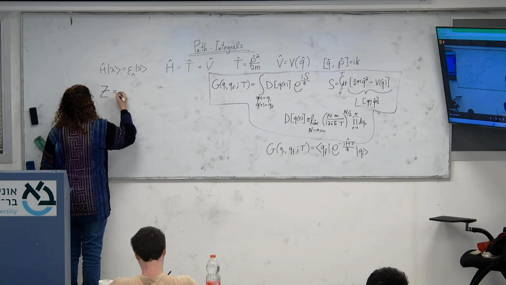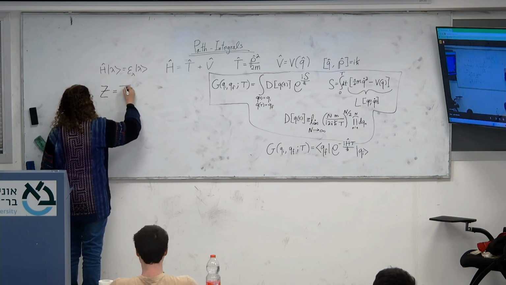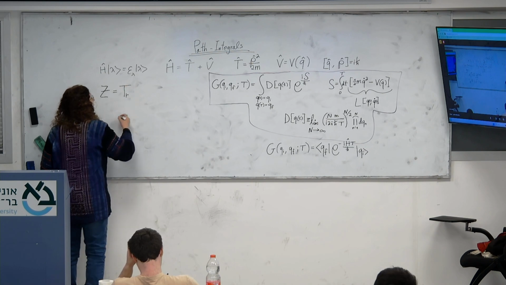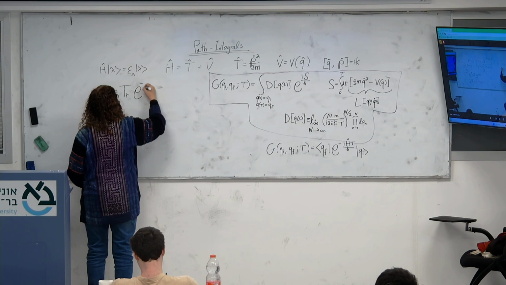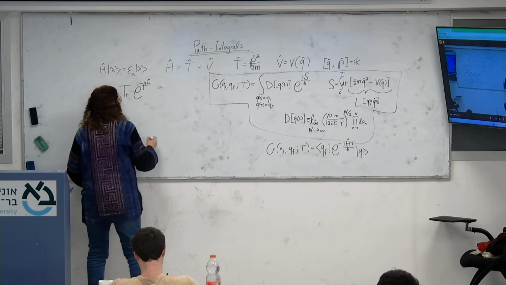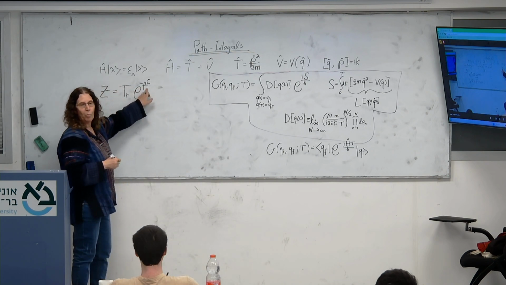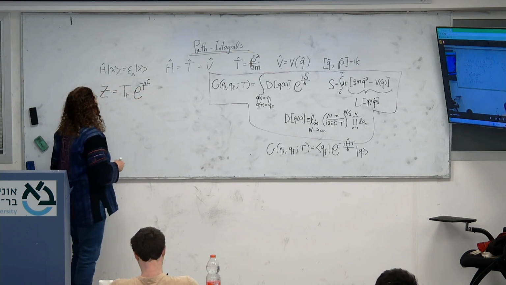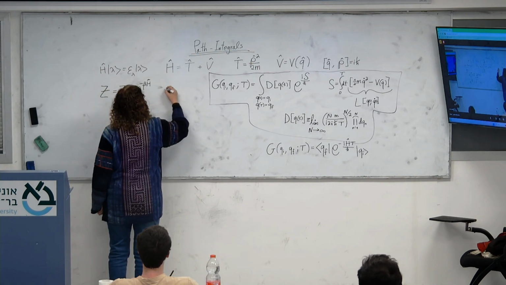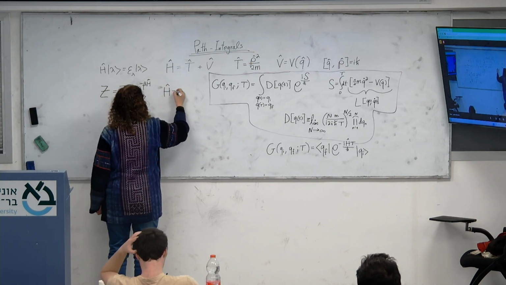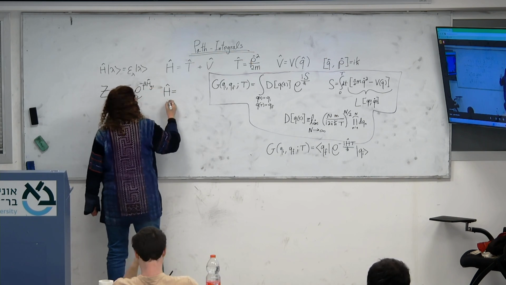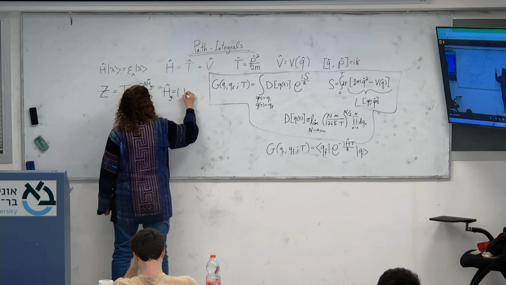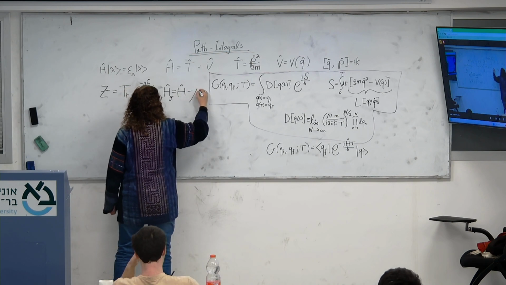So I'm just reminding you the partition function, which we denote by Z, is essentially a trace over all states of e to the minus beta h. Here I allow h to be an operator, a quantum Hamiltonian, and h here will be the grand canonical one. Actually, let me write it like this: grand canonical is h minus mu n.